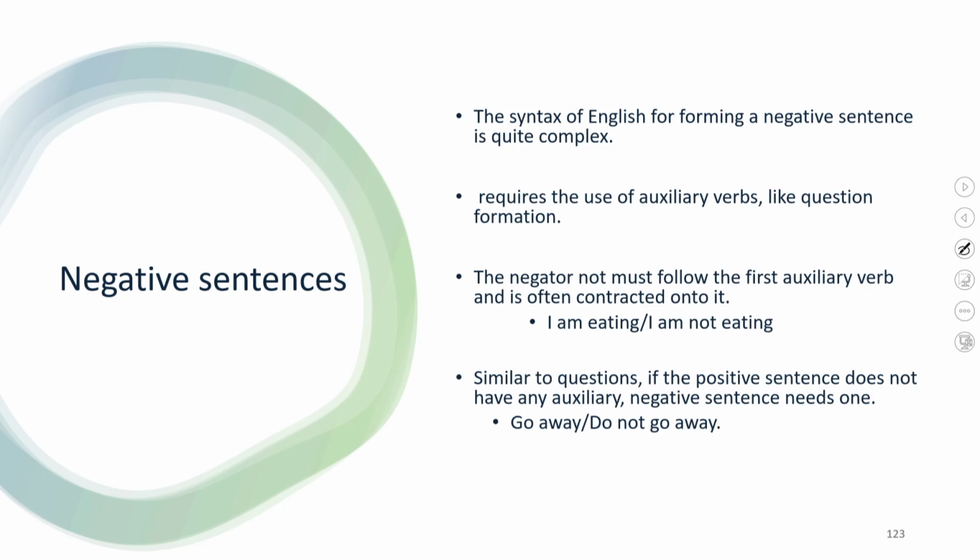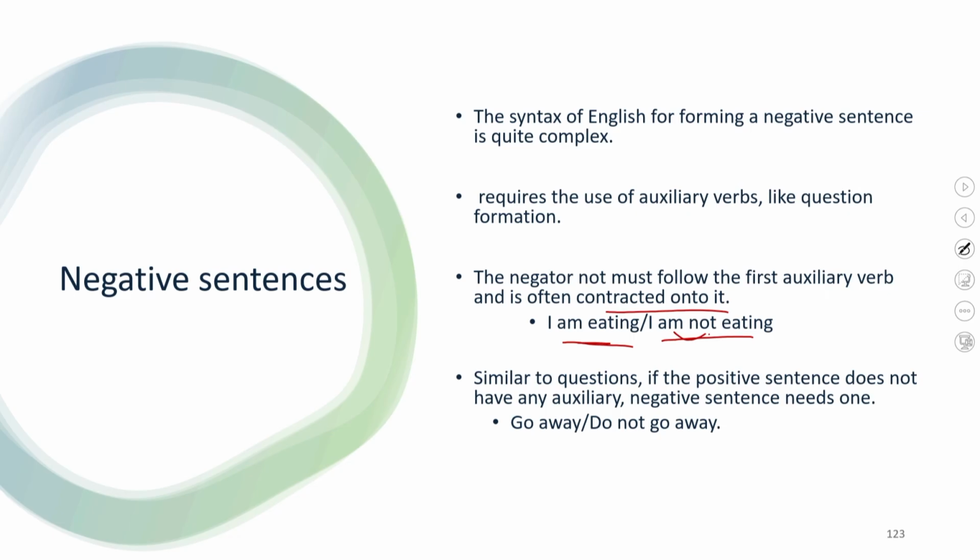So, the negator must follow the first auxiliary verb and it is often contracted onto it. So, I am eating, I am not eating. Here the not is coming after this, right. So, similar to questions, if the positive sentence does not have any auxiliary, the negative sentence will need one.